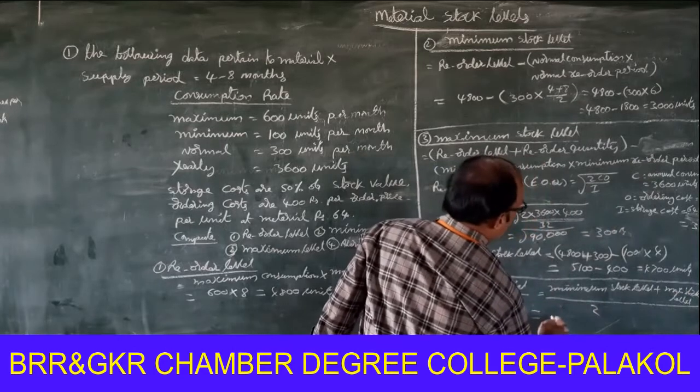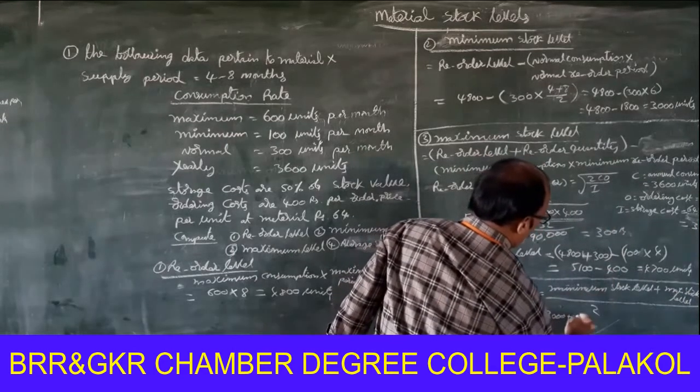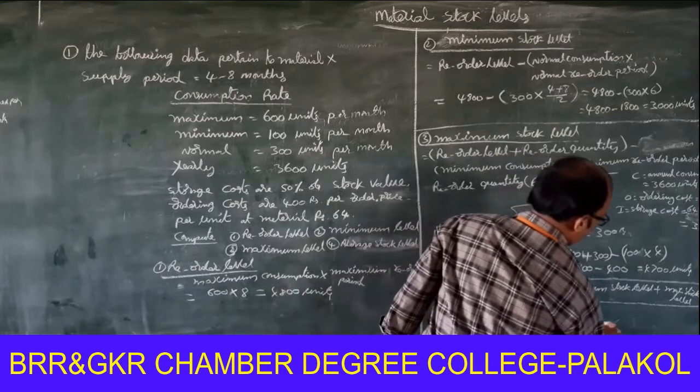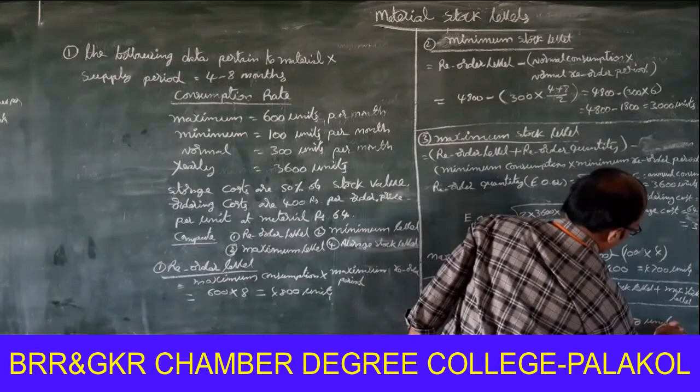That is equal to 3000 plus 4700 units by 2. That is equal to 3850 units.